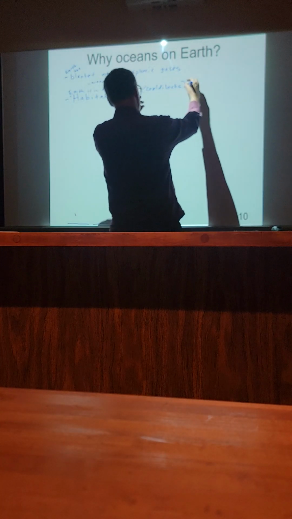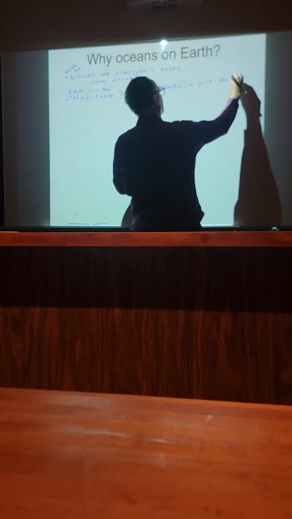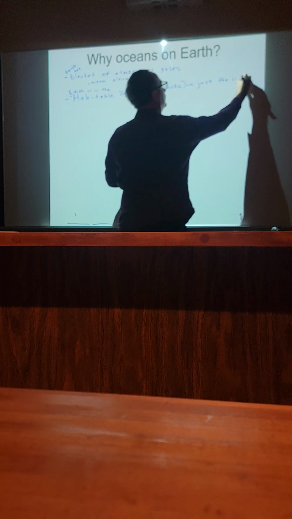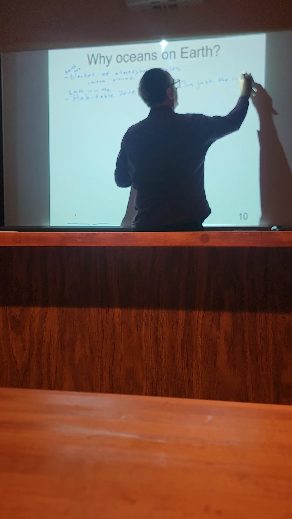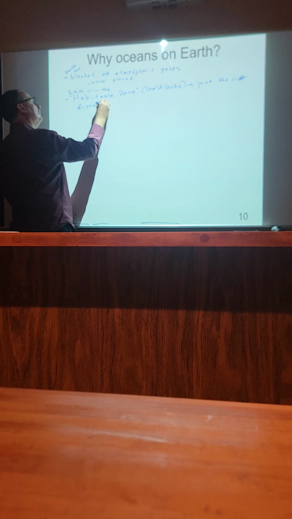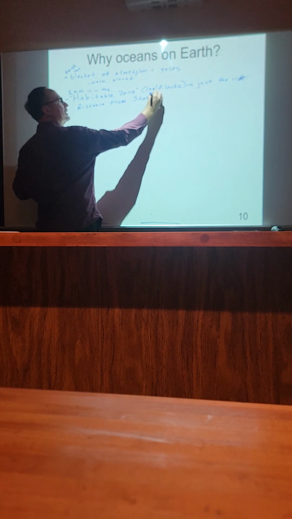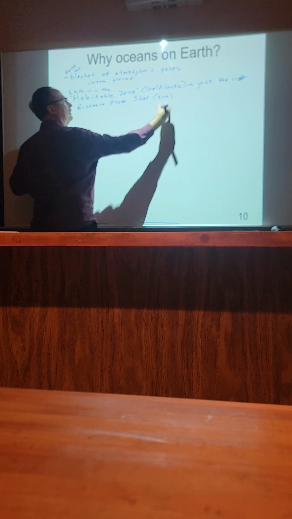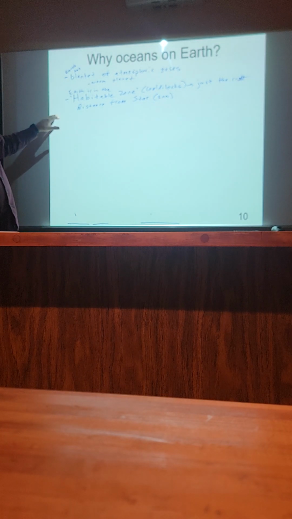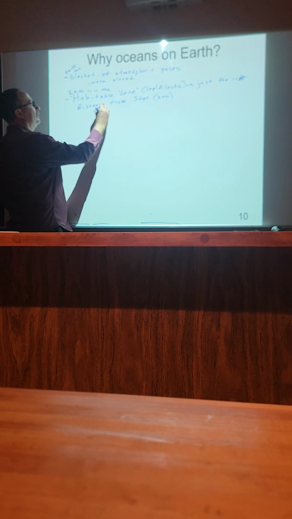And so this is just the right distance from the star. Our star is called the sun. So it's just the right distance. If it's too close, it's going to be too hot. If it's too far away, it's going to be too cold.